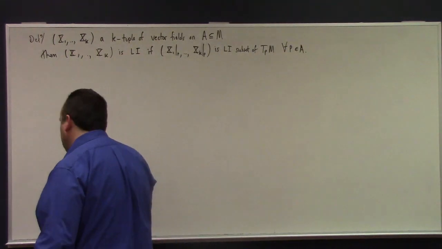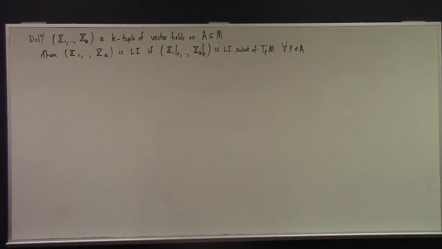So this is what we mean by linear independence of a set of vector fields. Basically, if you just pick a point, then all of those vectors that the vector fields are giving you at that point give you linear independence at that point. So in some sense, you could say pointwise linear independence.